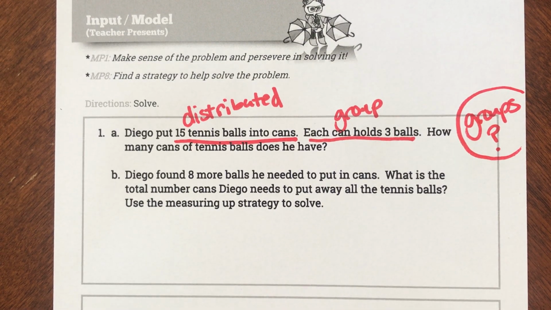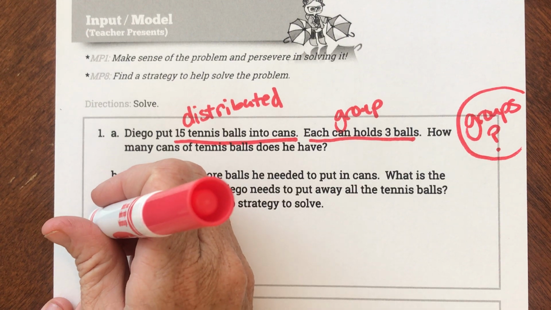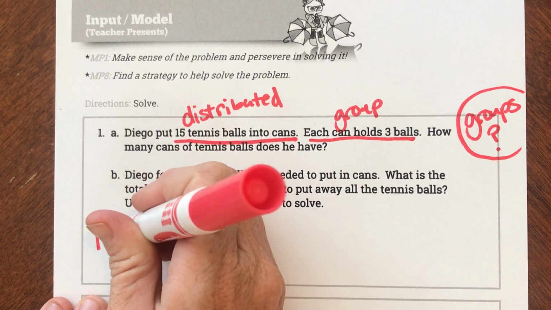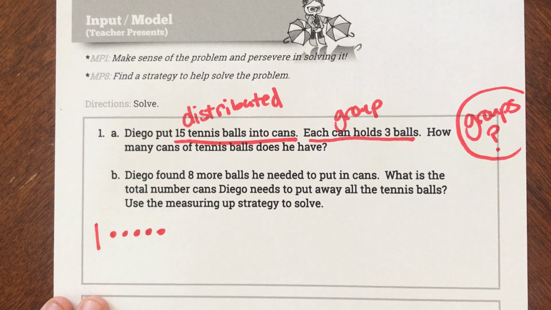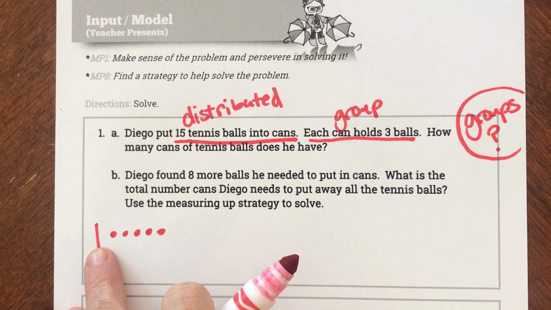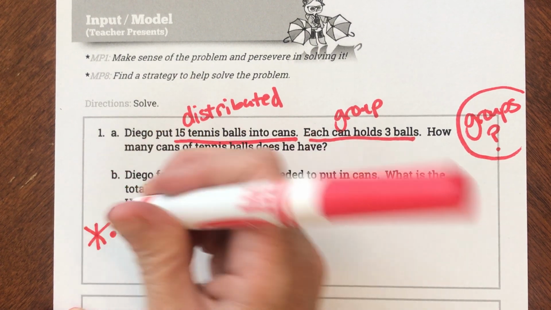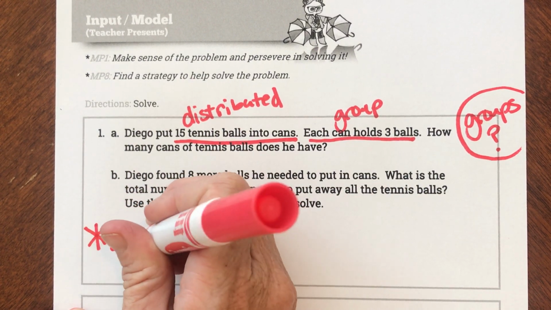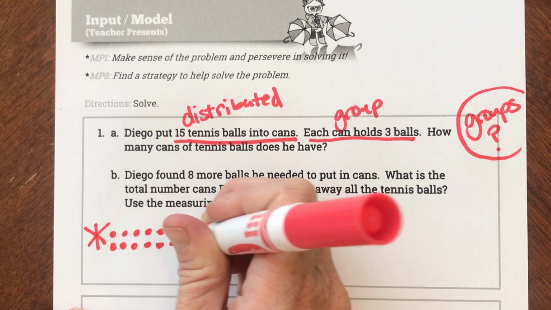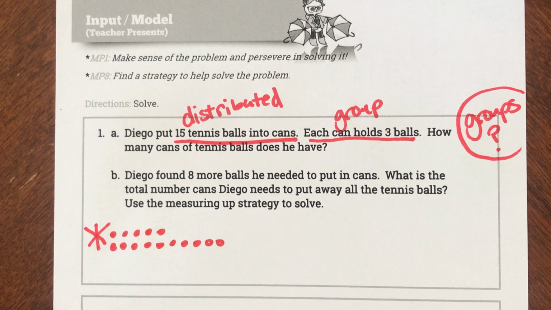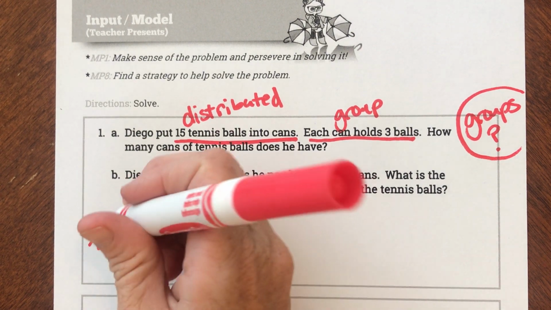Okay? So I have 15 to distribute, and I need to put 3 in each group. Well, am I going to be able to use this? No. So I'm going to unbundle that right away. 1, 2, 3, 4, 5, 6, 7, 8, 9, 10. So I have 15 tennis balls, and I need to put them into 3 in each group.